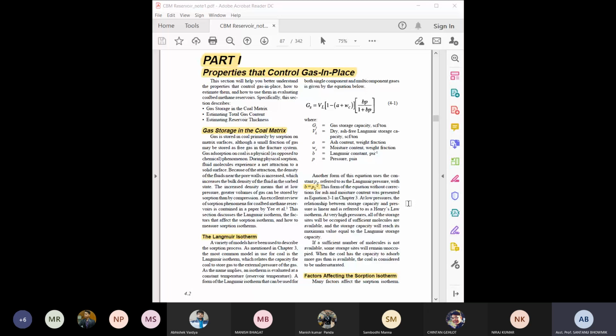So yesterday we started the gas storage in the coal matrix topic, okay, and we have seen that the Langmuir isotherm is a fundamental concept that we need to know for the gas storage in the coal matrix. Okay.